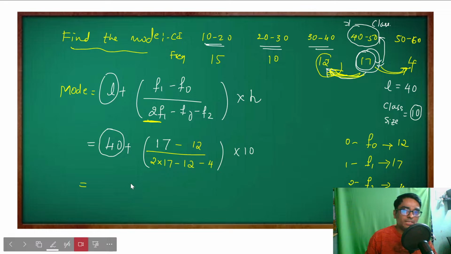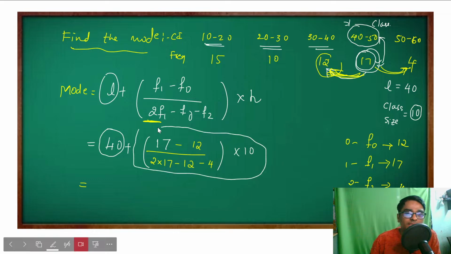Don't touch that 40. Simplify this side. This complete side you simplify. Later whatever answer you get here, that you should add to 40. Okay. So 17 minus 12 is 5. Here 34 minus 12 minus 4 into 10 again.